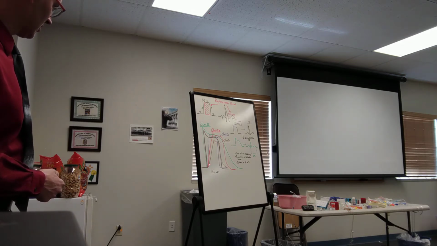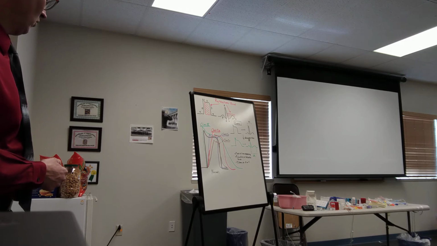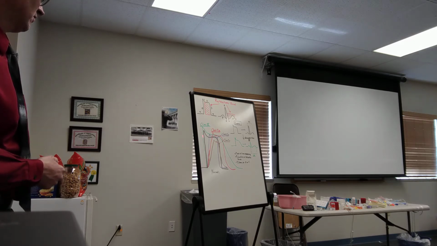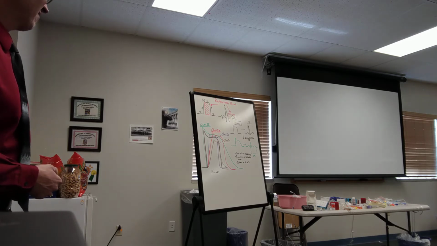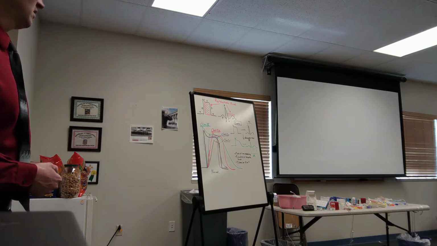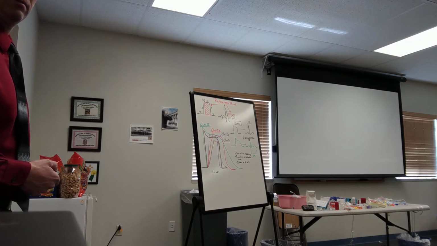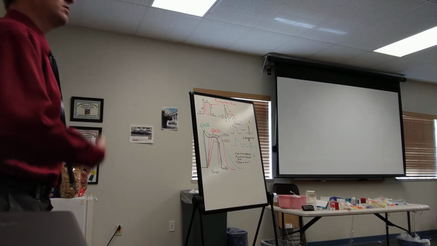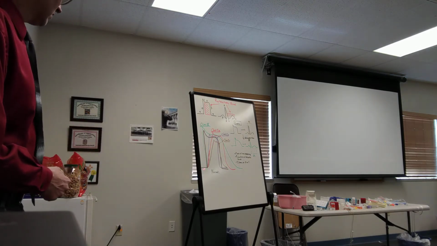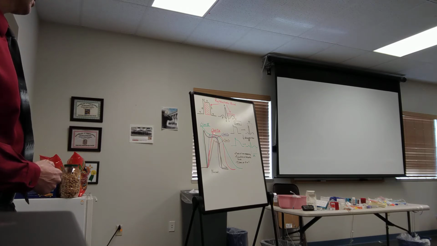So the slope of phase 0 is very shallow compared to the slope of phase 0 in the normal, right? And that would make sense because what is occurring in phase 0? Sodium is rushing into the cell. So sodium is rushing into the cell slowly.